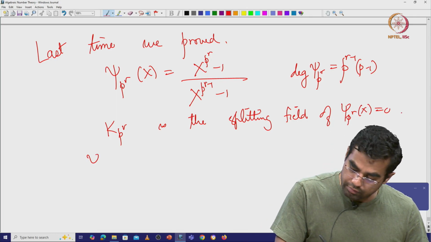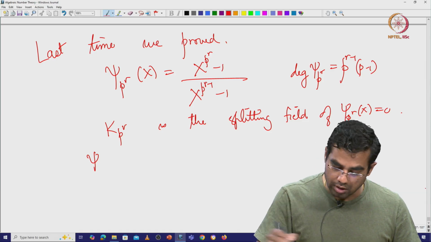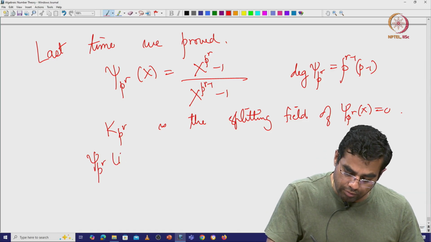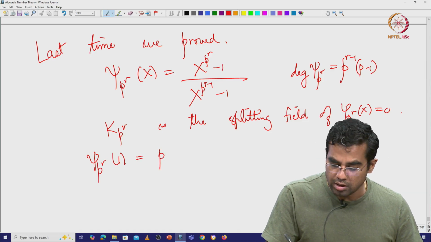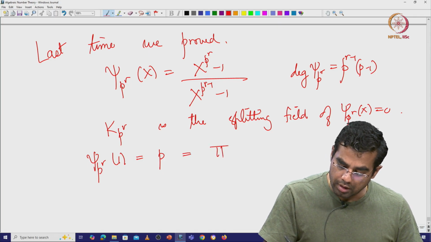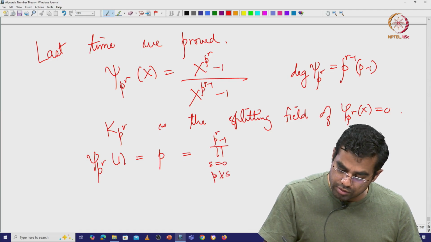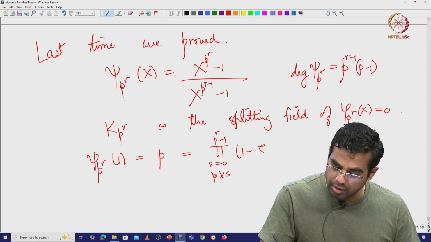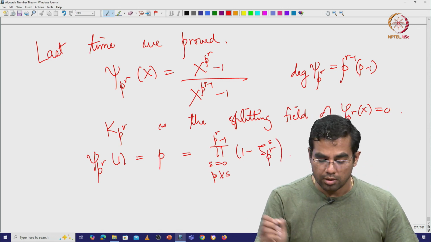Not only that, we proved that psi_{p^r}(1) is p, and this is also equal to the product over s going from 0 to p^r - 1, p not dividing s, of 1 minus zeta p^r to the power s.